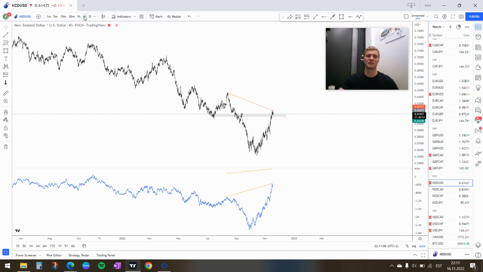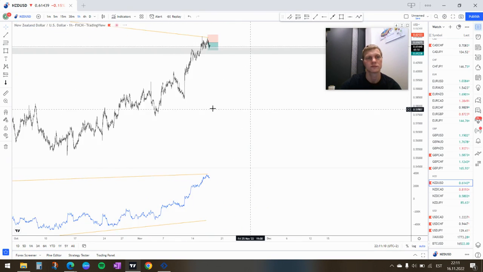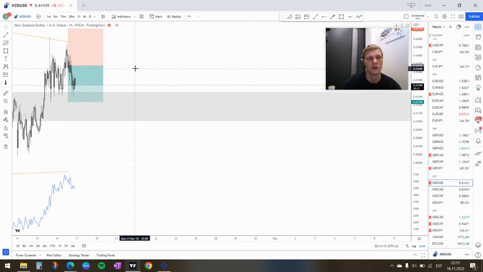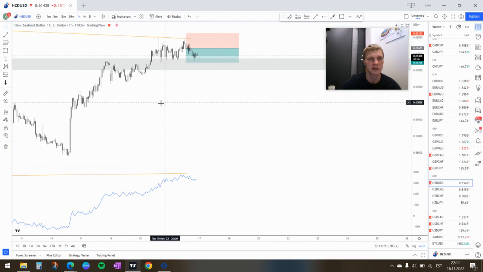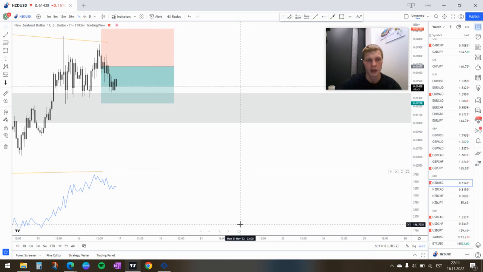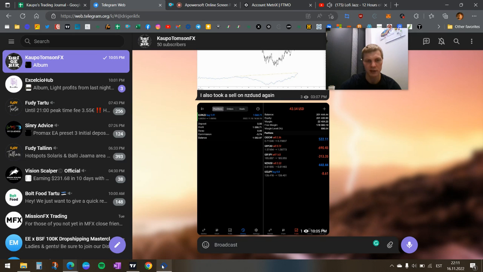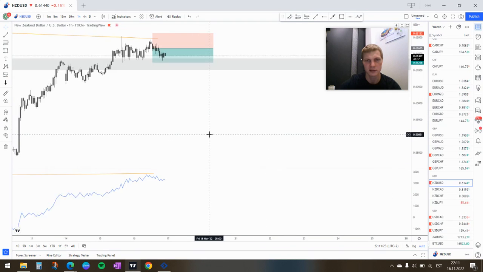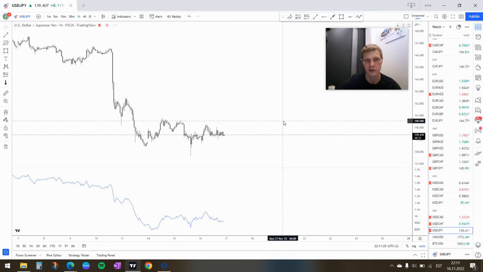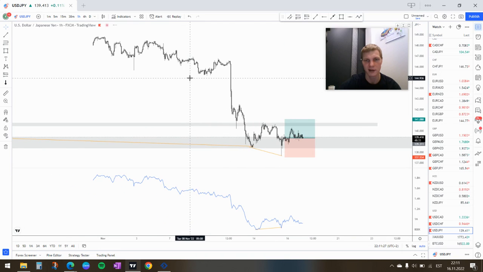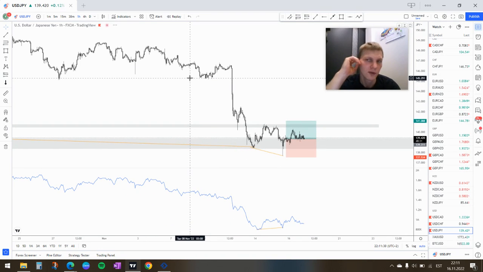So yeah, and now it looks like it's going back in the direction I wanted. And I think I covered the USD JPY trade already yesterday. I think right now it's pretty much break even.